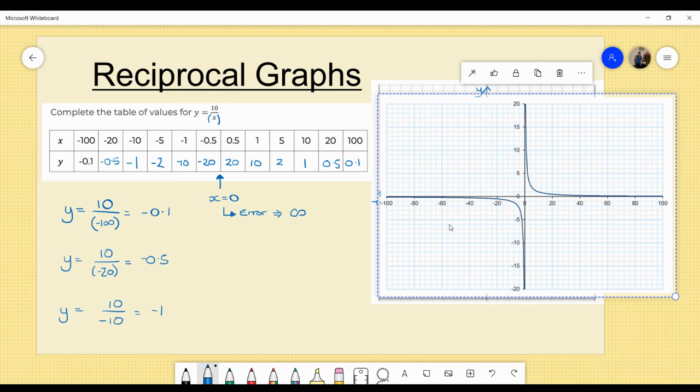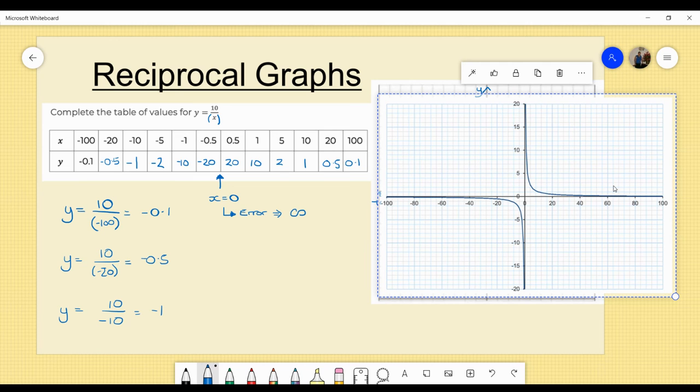In this case, it's the axes, but it doesn't have to always be the axes, but it's these two sort of L-shaped graphs here. Now this line that comes down here that the graph gets very close to but doesn't in fact touch, and the same for this line over here, is in fact called an asymptote. So the asymptotes mean that the graph gets extremely close to but never touches or crosses that line.